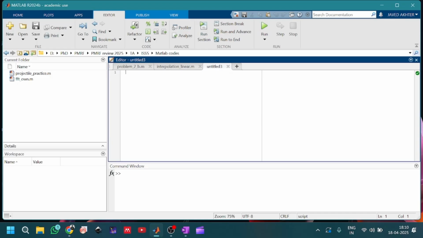Okay, so first let me define the X range. So X, let us take some data points 2, 3, 4, 1.